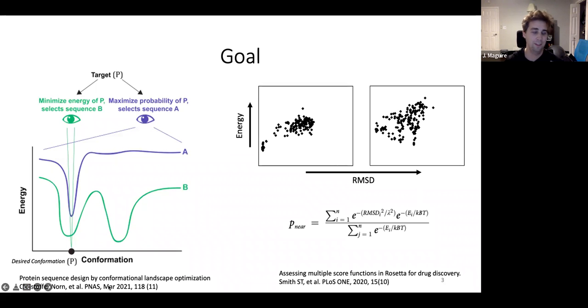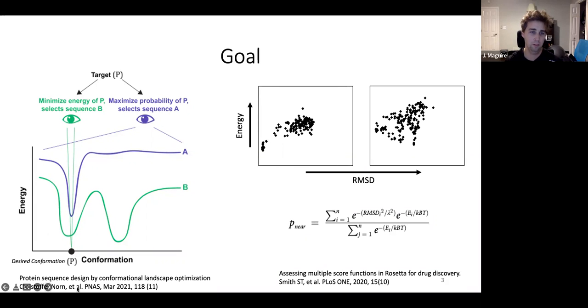I really like this figure from Chris Norton's paper last year, so I try to include it whenever I can. Especially when I was trained in Rosetta, our goal when designing sequence was to minimize the energy for your conformation. But this is a more complicated problem than that.